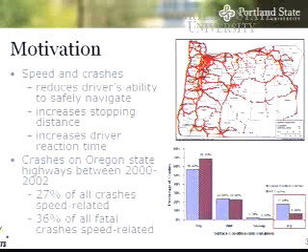You can see here about 17% of speed-related crashes occurred during icy conditions, while only about 6% of all crashes occurred during icy conditions. So this was an area that we chose to focus on.